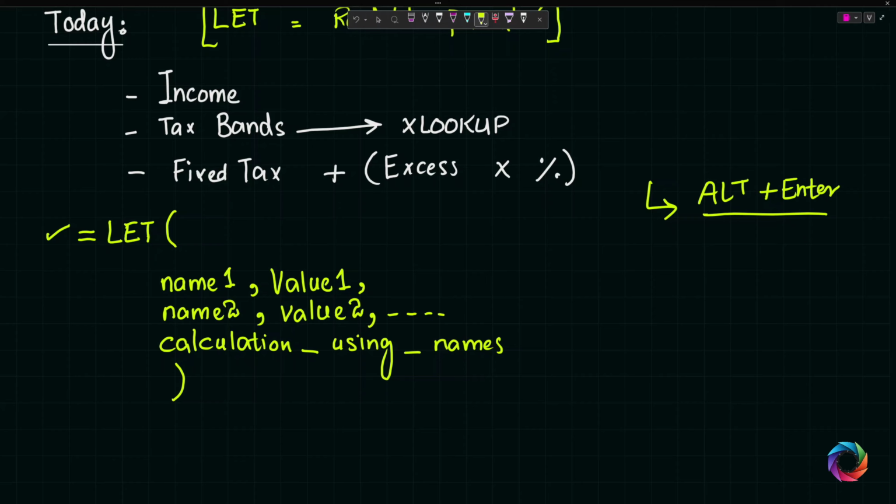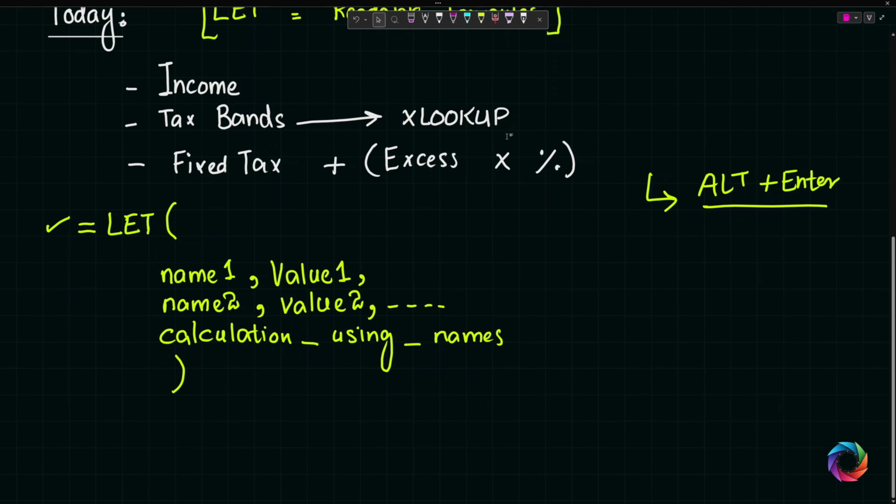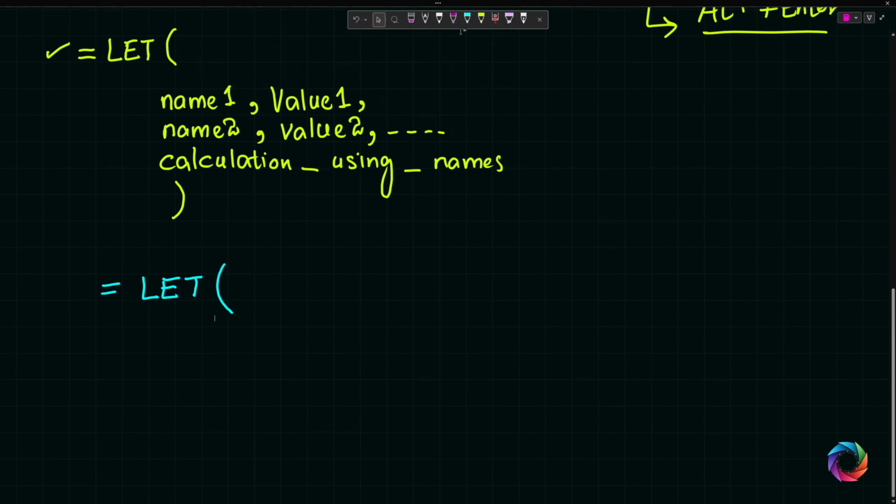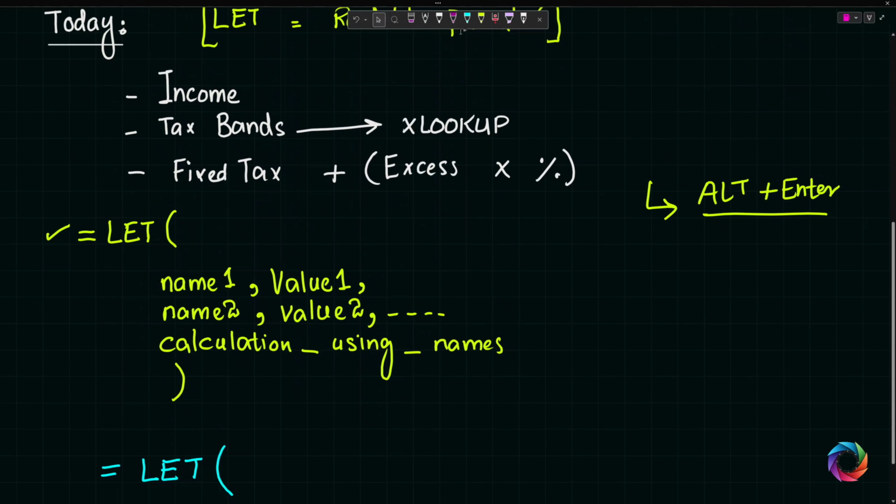Now, let's design a generic model by combining LET plus XLOOKUP. Here, we again start with equal to LET. Let's refer back to our basic logic.